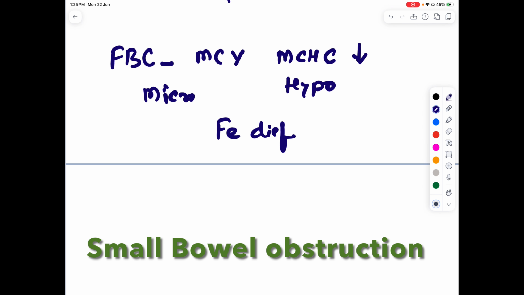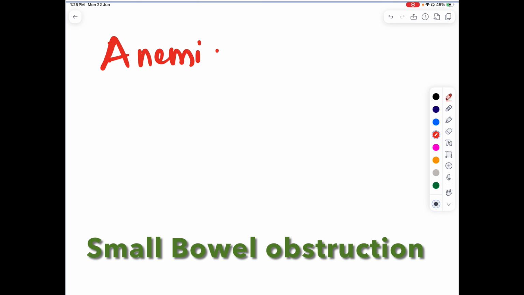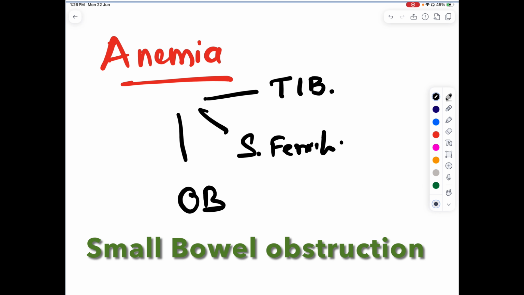The patient is having anemia, so which type is this? What will you do? Total iron binding capacity, serum ferritin, occult blood in stool, GI scopy. So these are the things you will consider.